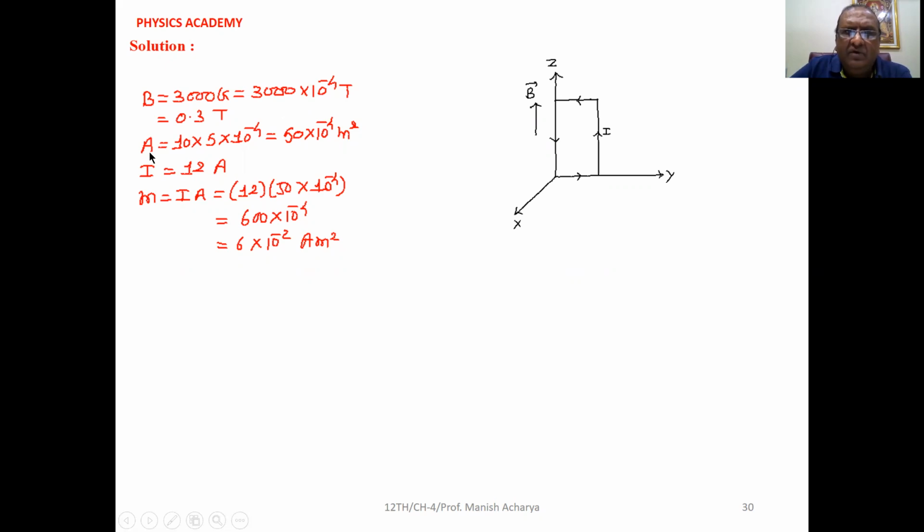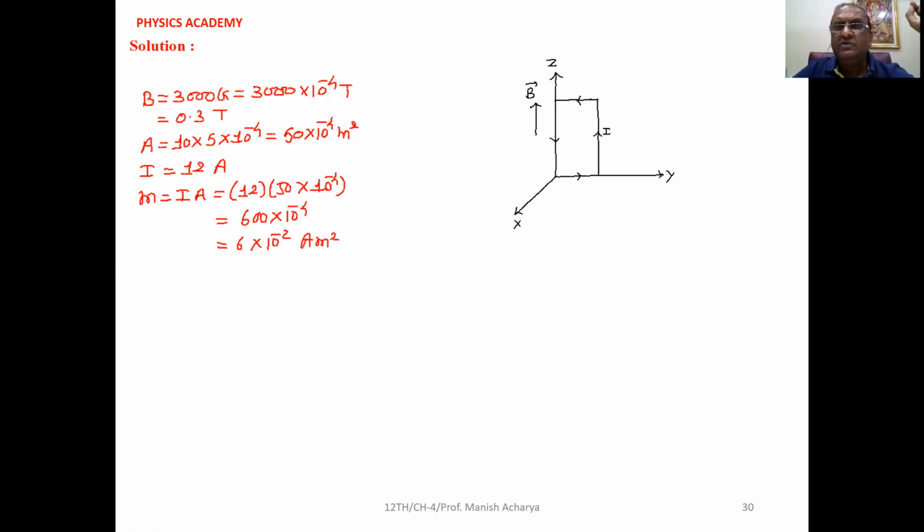Now the area of the loop is 10 into 5, that is 50 centimeter square, so into 10 raised to minus 4, that is 50 into 10 raised to minus 4 meter square. The current passed through the coil is 12 ampere. Now, if you want to calculate torque, then torque is mB sine theta, where m is the magnetic moment.